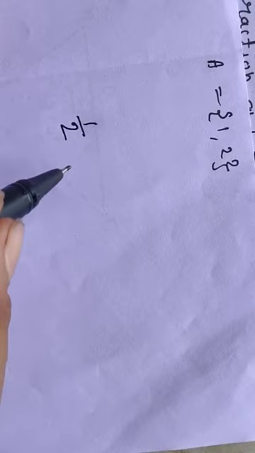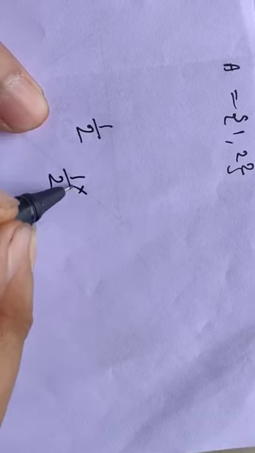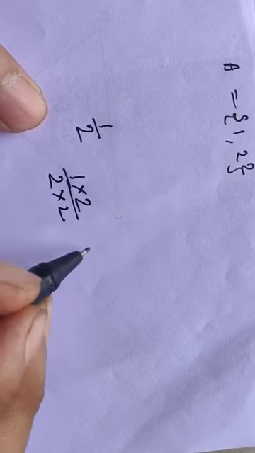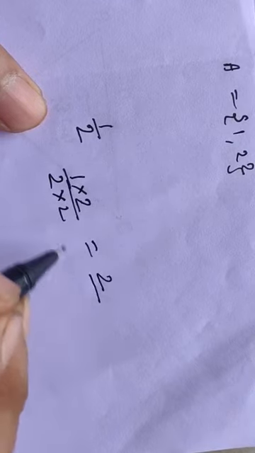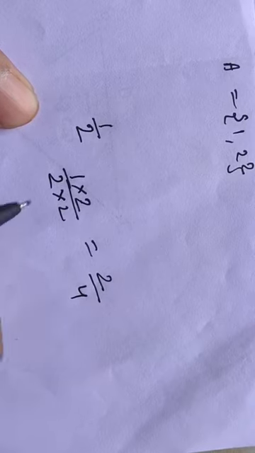Now we want to write equivalent fractions of 1/2. So how will you find them? We will multiply both the numerator and denominator by the same number. So 2 times 1 is 2 and 2 times 2 is 4. So 2/4 is an equivalent fraction of 1/2.